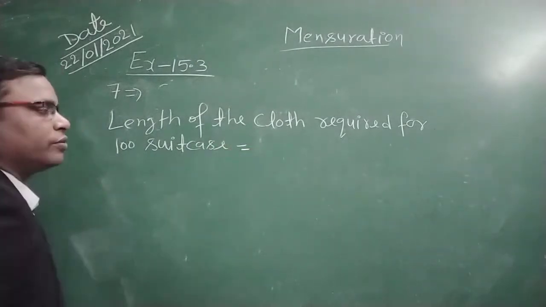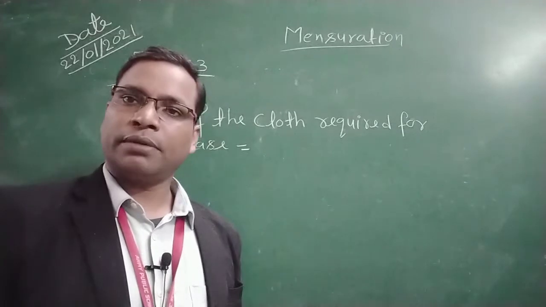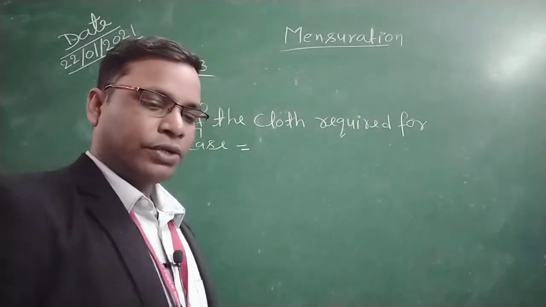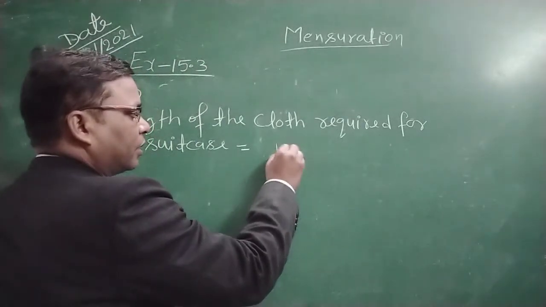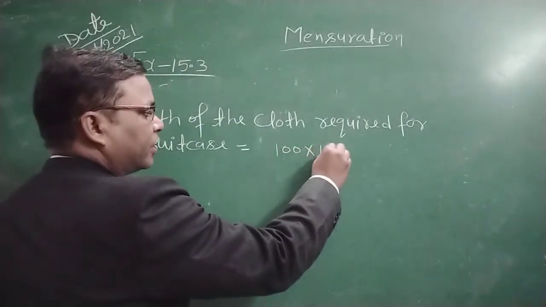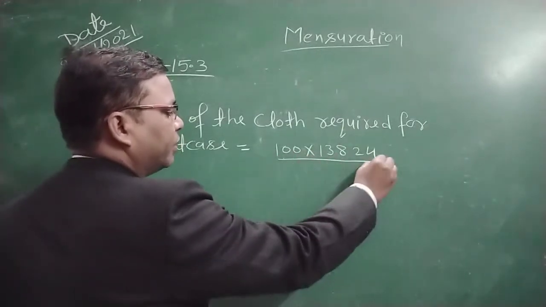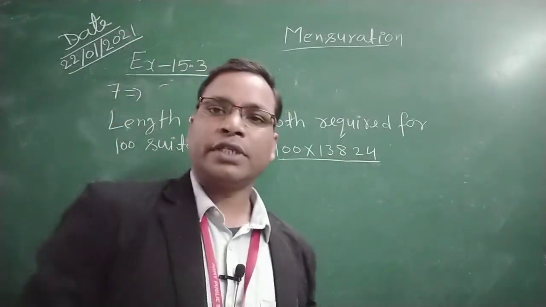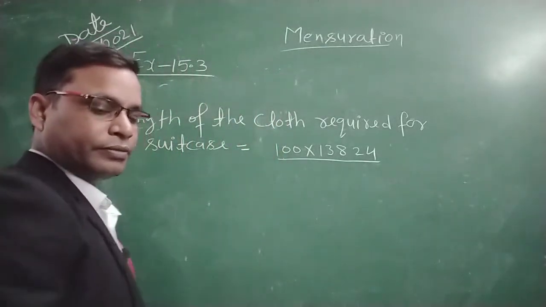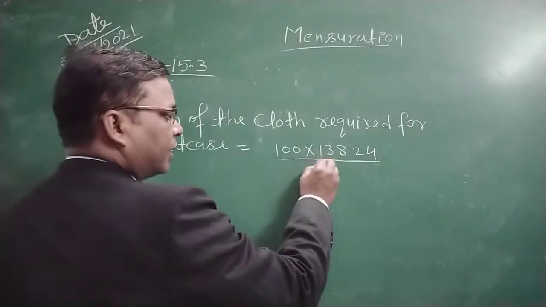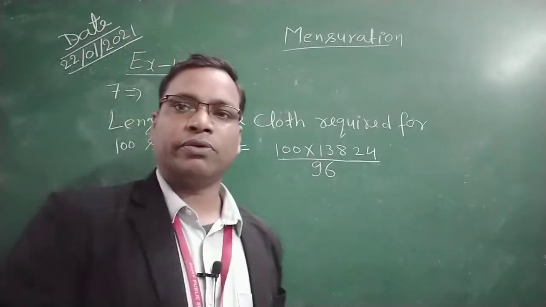This is equal to the area of 100 suitcases by the width of the cloth. So the area of 100 suitcases is 100 into 13,824, and the width of the tarpaulin is given here, 96. This is the width of the tarpaulin.